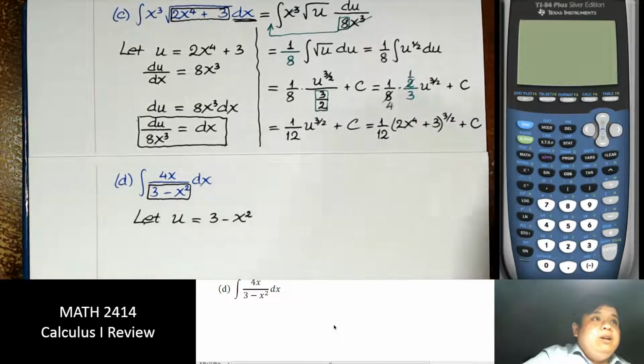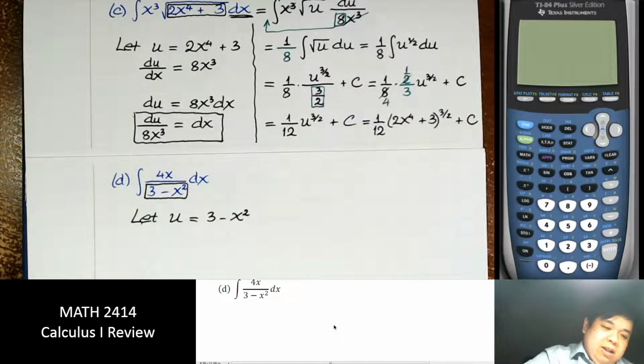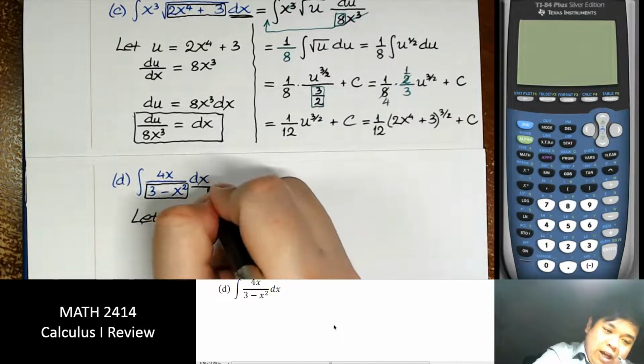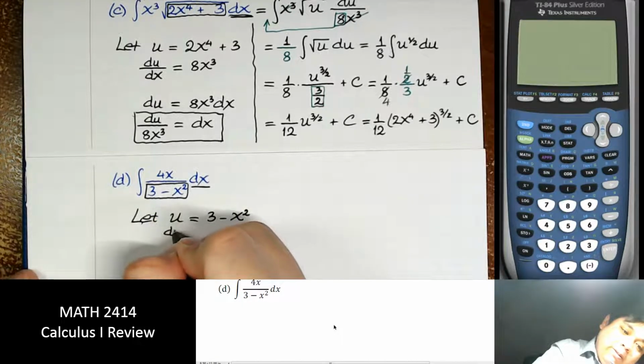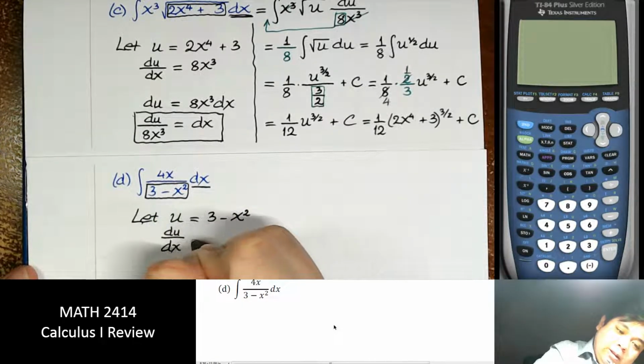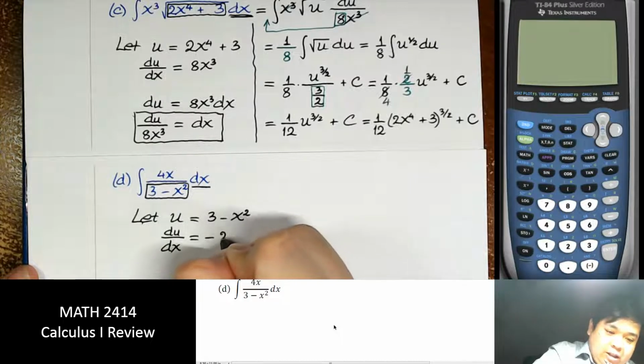And then we'll take the derivative, and we're going to solve for the x. So the derivative is negative 2x.